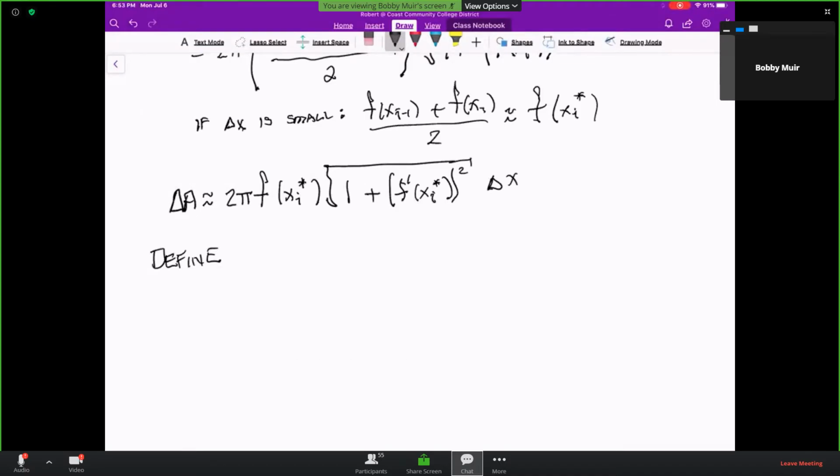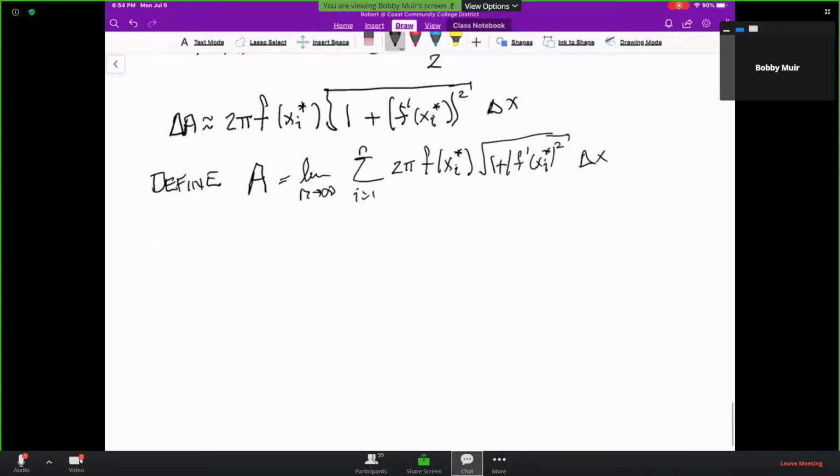We'll define the surface area. Now in your book, he uses a capital S. I can't do that because you're not going to be able to distinguish between lowercase and capital S. Lowercase s is always reserved for arc length. So we're going to define A to be the limit as n tends to infinity of the sum from i equals 1 to n of 2 pi f of xi star, times the square root of 1 plus f prime of xi star squared, delta x.